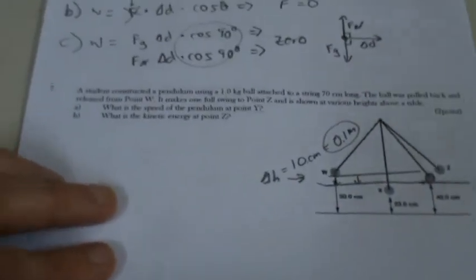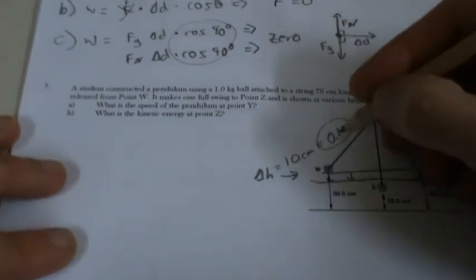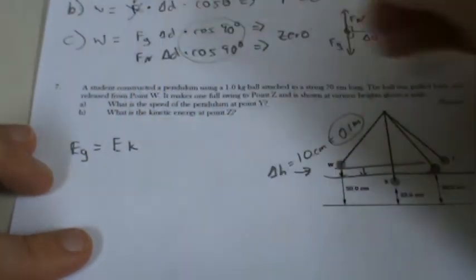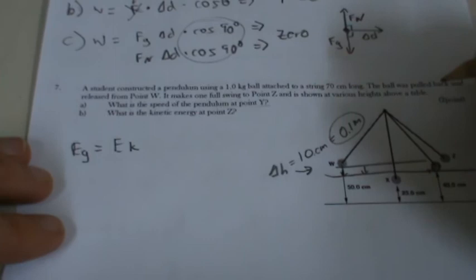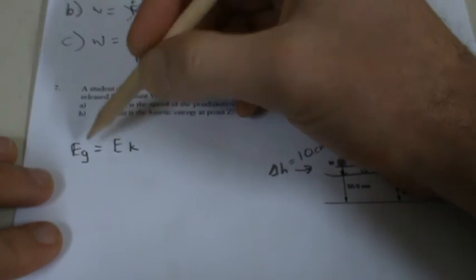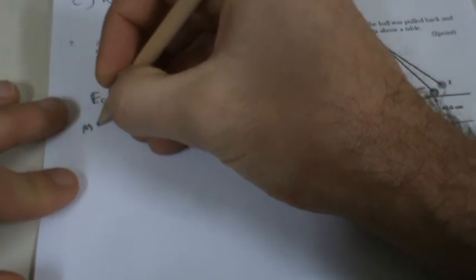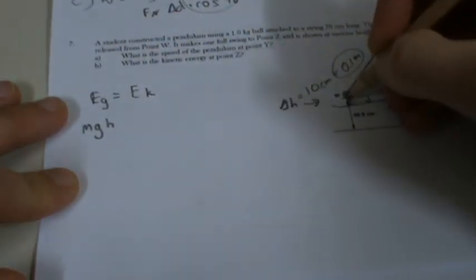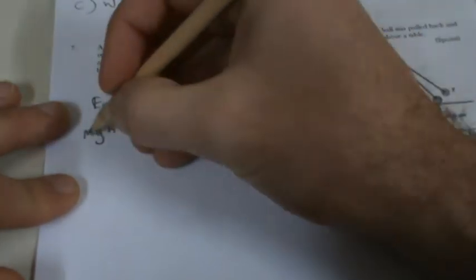Okay, and so basically all of that gravitational energy has now become kinetic energy, using the law of conservation of energy here. All gravitational energy becomes kinetic. And so essentially we have the idea of mgh, where h is the change in height. It used to be 10 and now it's at 0, equals 1/2 mv squared. Here's going to be the velocity that I'm going to solve for. It turns out the masses cancel.